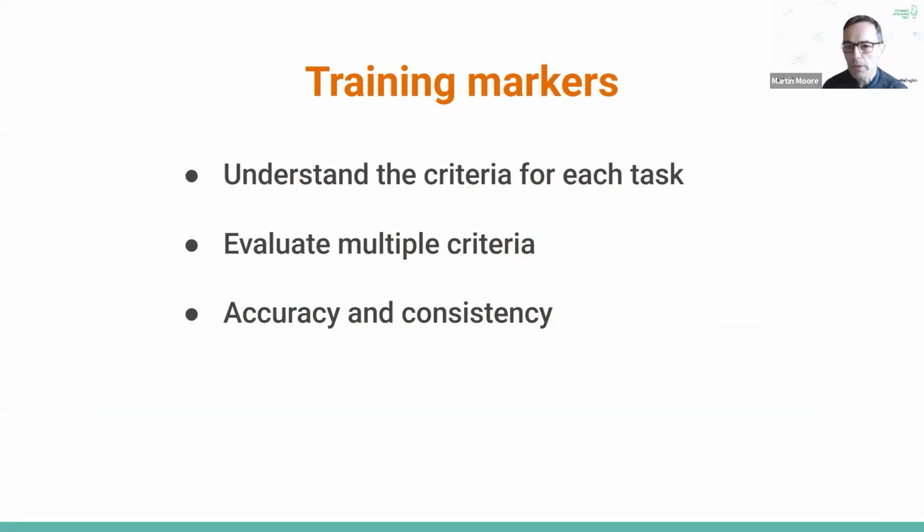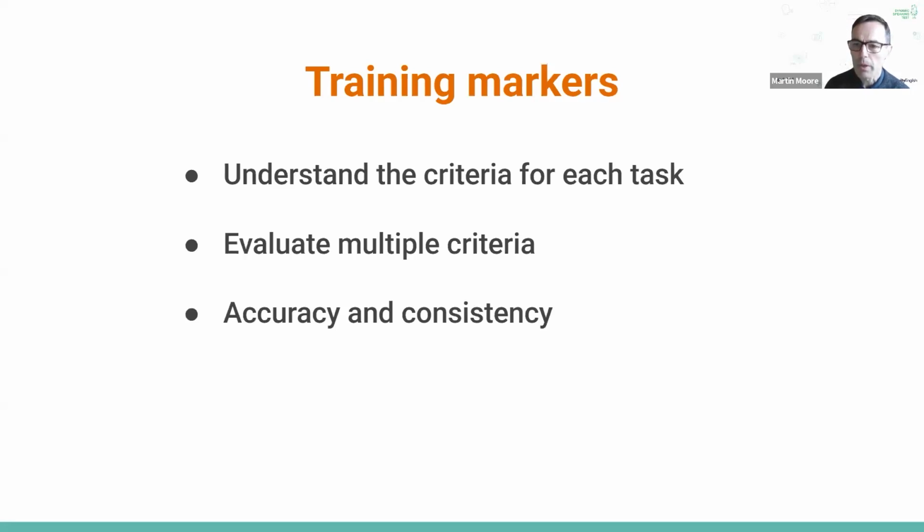Part of the really important part of the training is that we can make sure that all of the markers are not only accurate in themselves, but they're consistent. So you can't just mark one response on your own. You have to mark a number of responses to start to establish your own accuracy. Then you have to compare your own marking with other markers to make sure you're doing this in a consistent way.